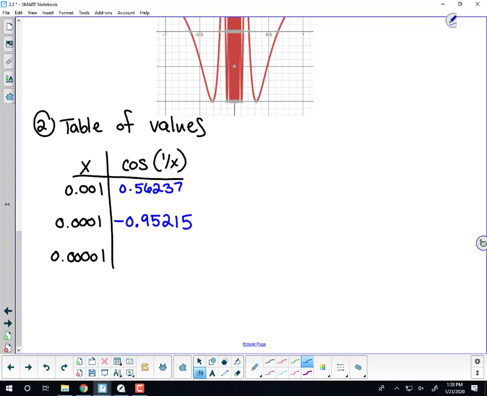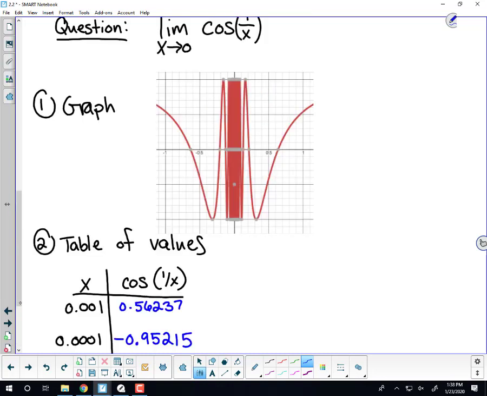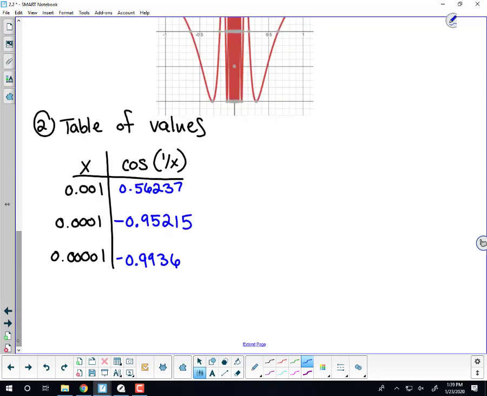Is that what y'all are getting? Okay, and 0.00001: negative 0.99936. So we're pretty close to 0. You can get closer, of course, but let's just stop here and see.